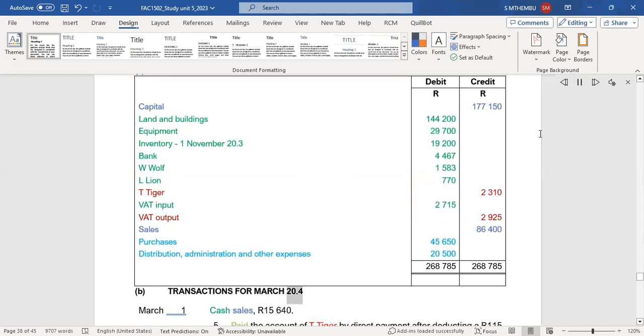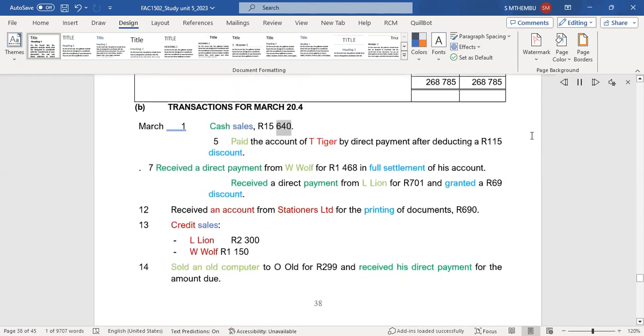Transactions for March 20.4. March 1st, cash sales are R15,640. 5, paid the account of T Tiger by direct payment after deducting R115 discount. 7, received a direct payment from W Wolf for R1468 in full settlement of his account. Received a direct payment from L Lion for R701 and granted R69 discount.